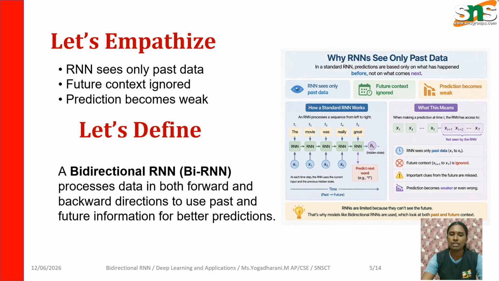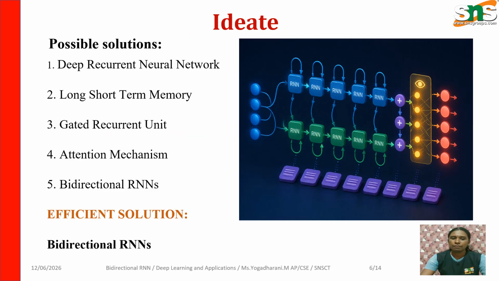Predictions become weak since the model lacks complete context, and accuracy decreases. Example sentence: "The match was exciting because the last over changed everything." Understanding "exciting" becomes easier when future words are available.